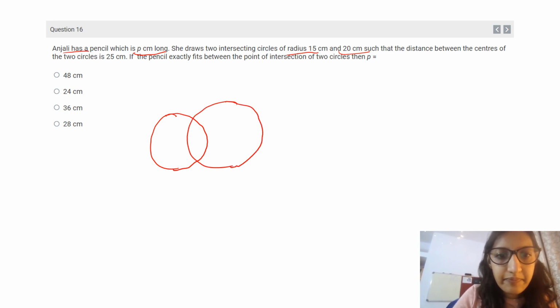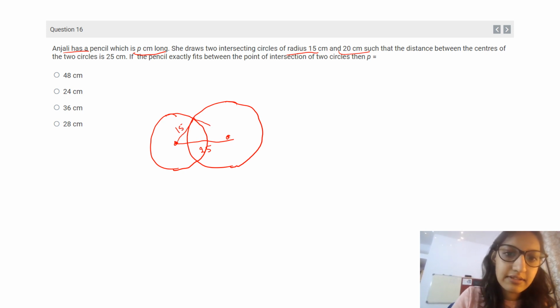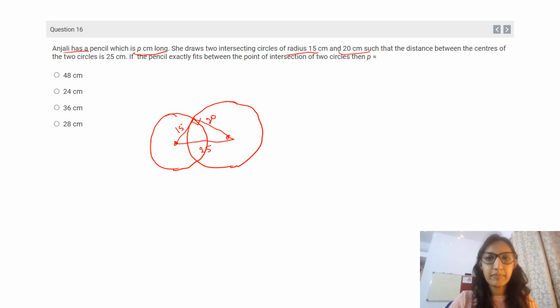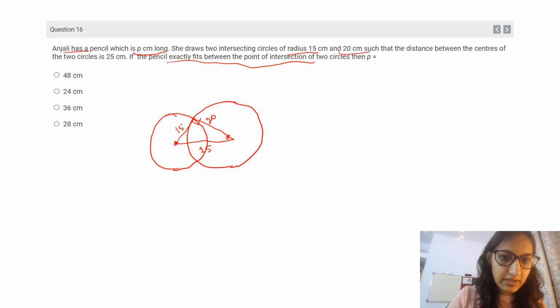So this is 25, and this is the 15 centimeter circle and this is the 20 centimeter circle, and this is a perpendicular. Now it's mentioned that the pencil exactly fits between the points of intersection. So that means the pencil is this AB, this chord.